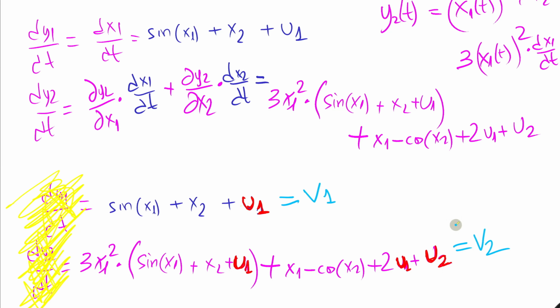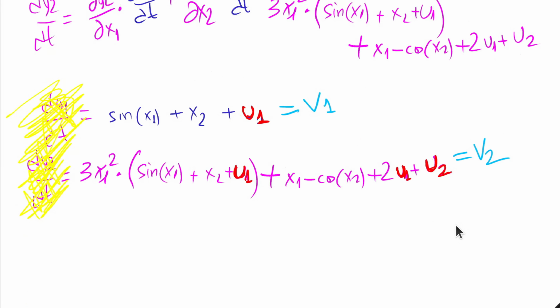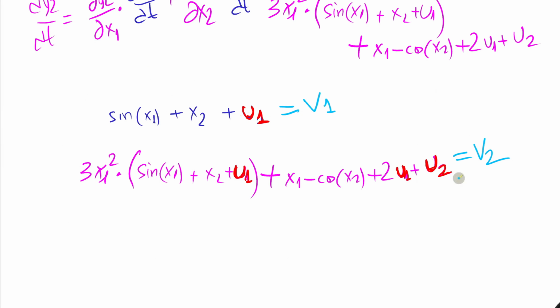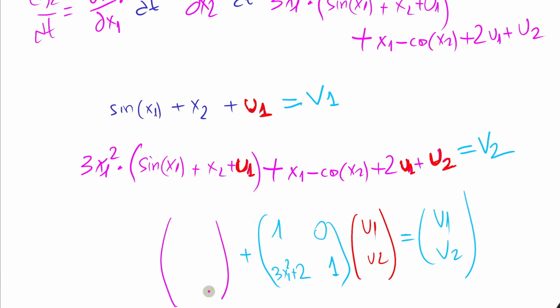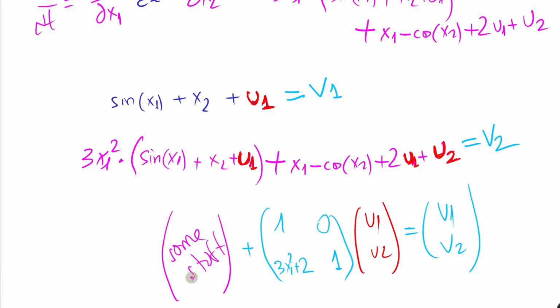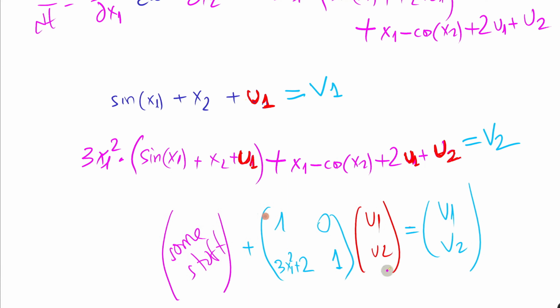In order to check whether we can solve for u1 and u2, we need to have a look at the matrix that multiplies the inputs at the left-hand side, because the equations can be expressed in this way.